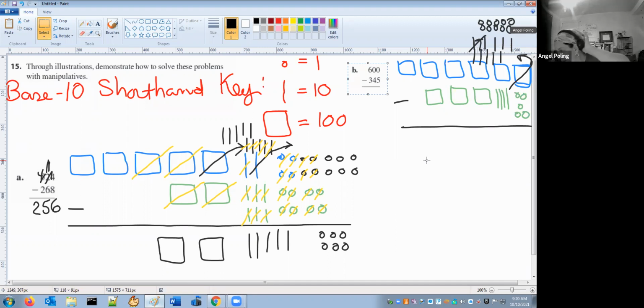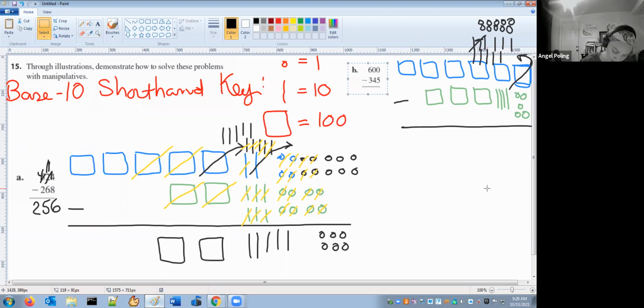Okay, so now I don't necessarily like how the arrow looks, but like I said, I'm kind of writing under my video feed, so it was hard for me to draw that. Now I finally can take 5 of the green units away from the above image.